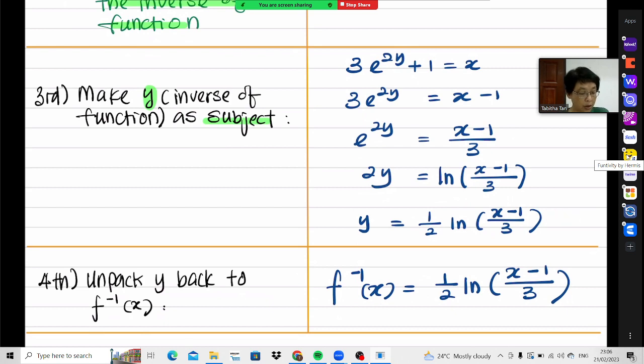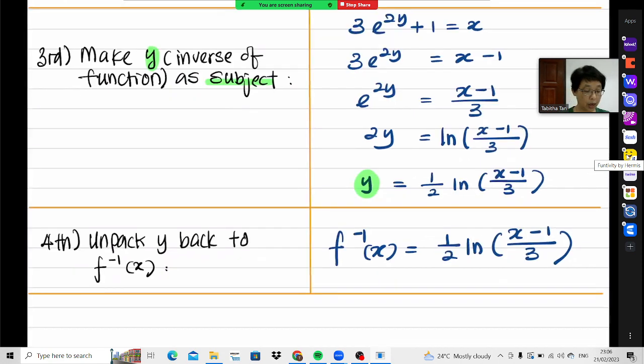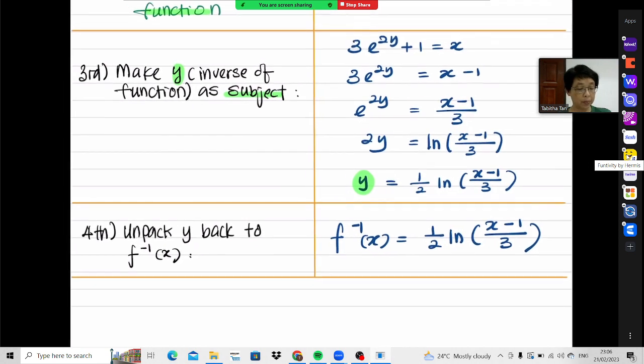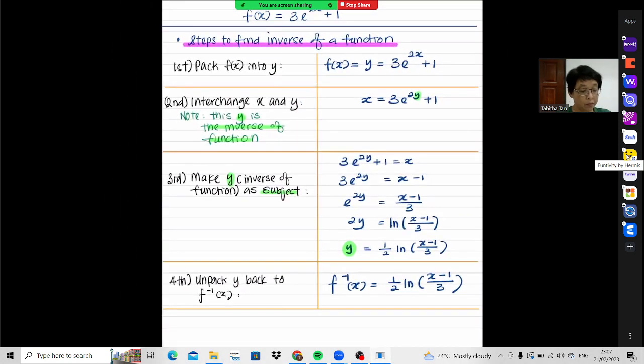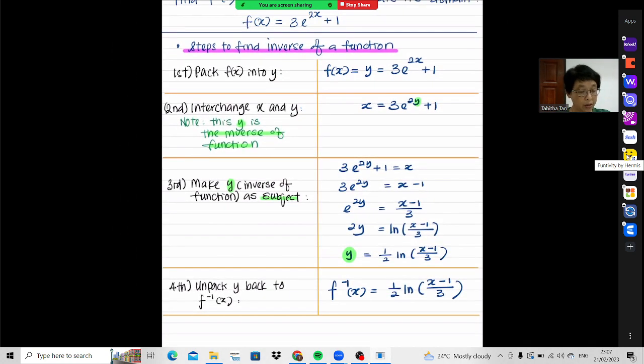And now this is your inverse function. We are approaching the end, and in the final step, we're just going to unpack the y back to its original notation, which is f to the power of -1, the notation for inverse. And that's done. You have successfully found the inverse of the exponential.